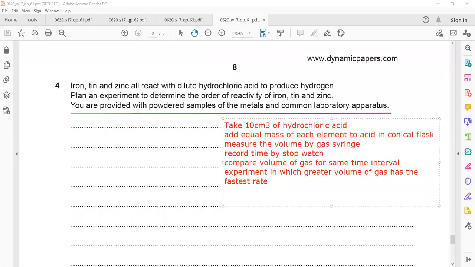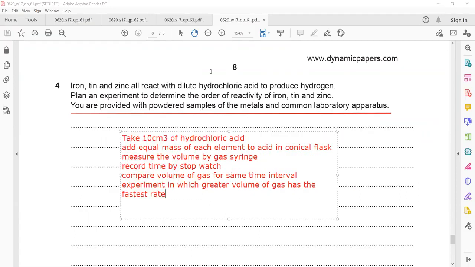Is it clear? You can also write a formula for the rate. That is also part of this question. Is it clear, this experiment in which we plan to compare the rate or the speed of the reaction?